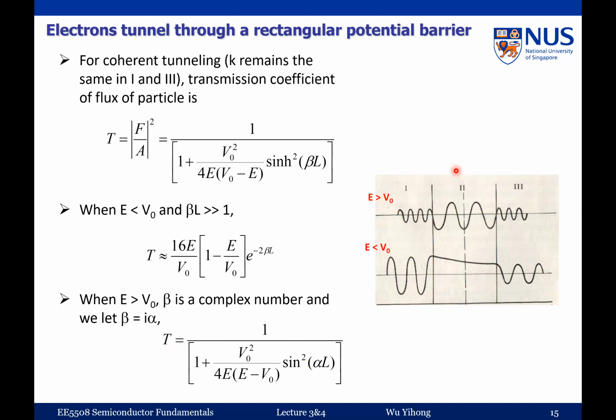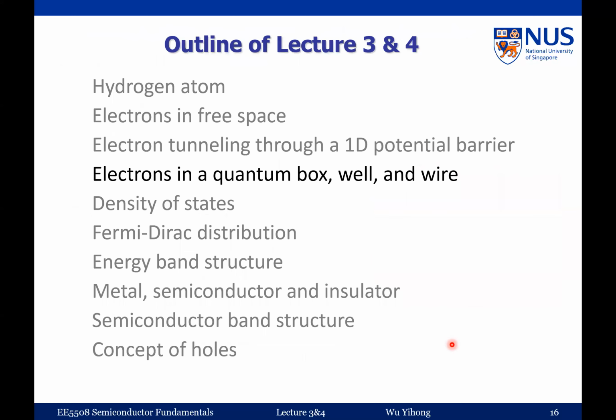It will only not experience the influence of the barrier when you satisfy this phase matching condition; otherwise the electron will be scattered. So in quantum mechanics, no matter whether your energy is smaller or larger than the barrier, you still have this so-called reflection or scattering effect. That's the difference between classical physics and quantum mechanics.